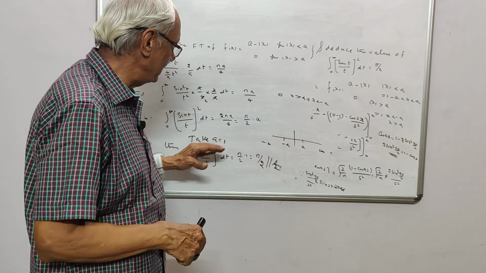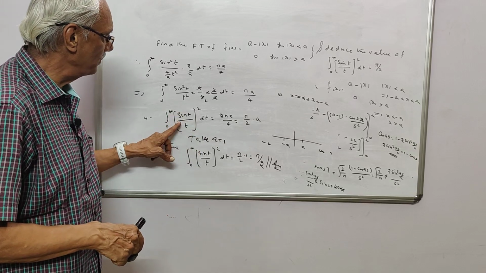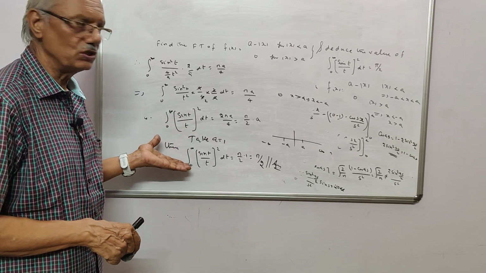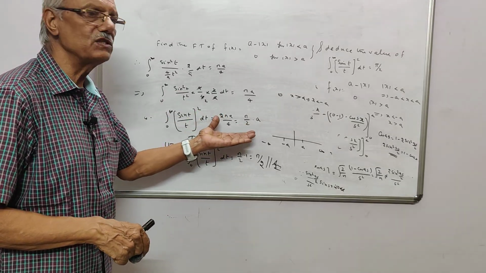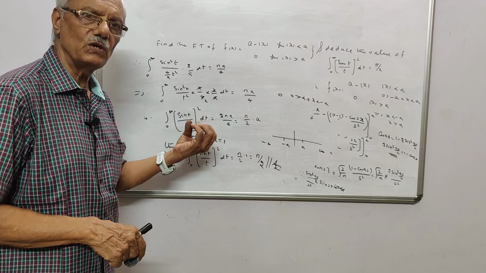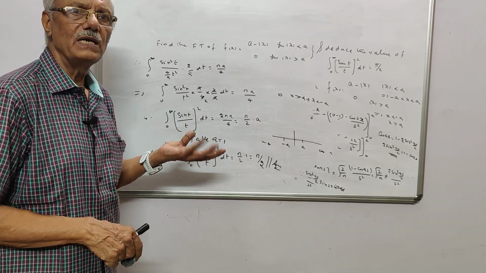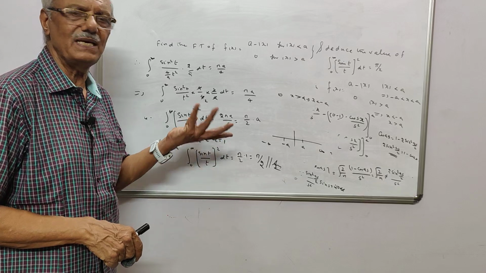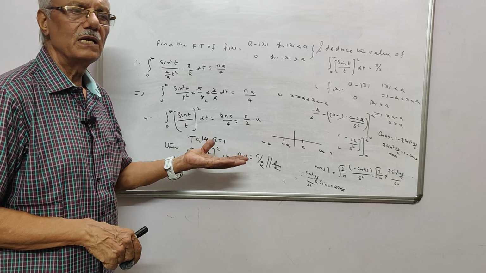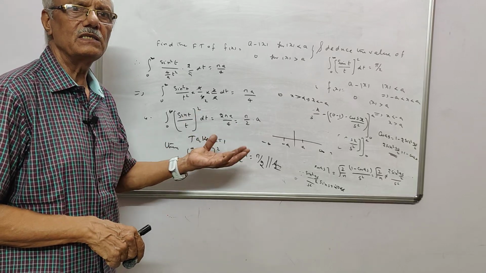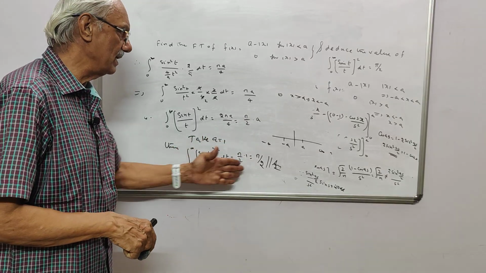After that, you go for substitution and bring it to the form sin t by t, sin square t by t squared, and you take a is equal to 1, because after all a is an arbitrary point. The interval minus a to plus a is an arbitrary interval. It is true for all values of a. Here, without loss of generality, you can take a is equal to 1, so that you will get this answer.